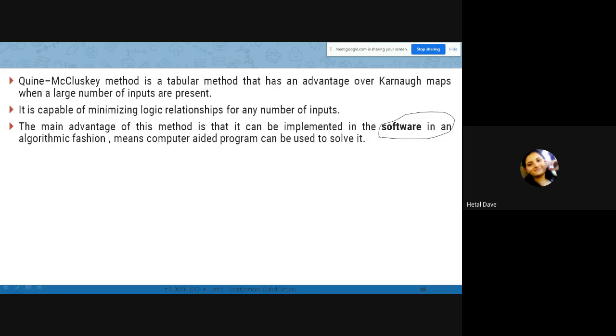So from these 4 methods, the QM method is handled by computer. Generally, whenever a large number of variables are there, the K-map has its limitation. Let's say 5 variables are there, how many cells will you draw in a K-map? 32.